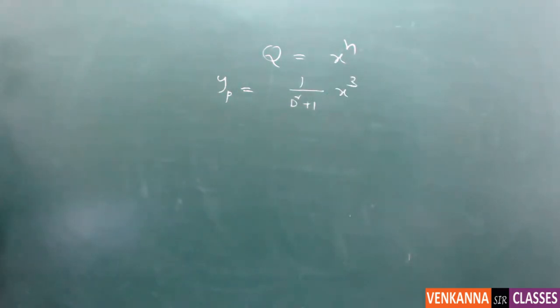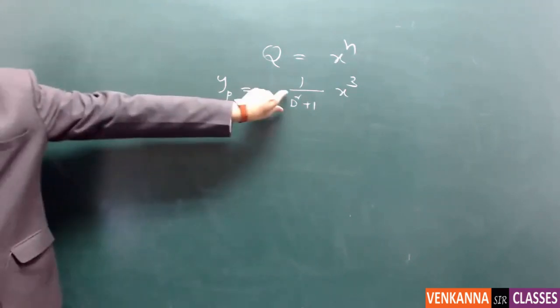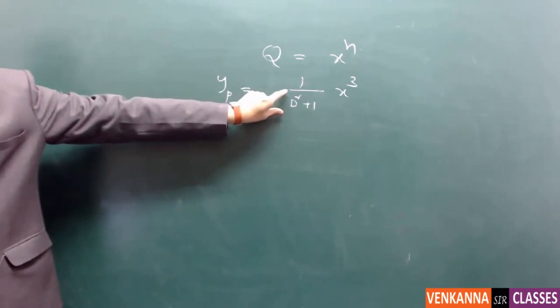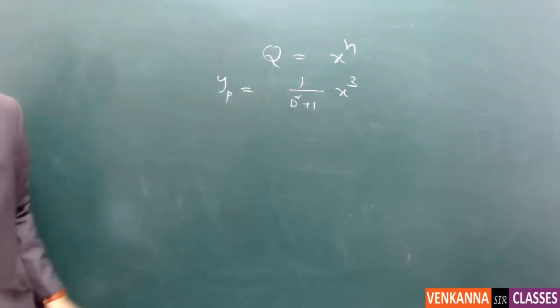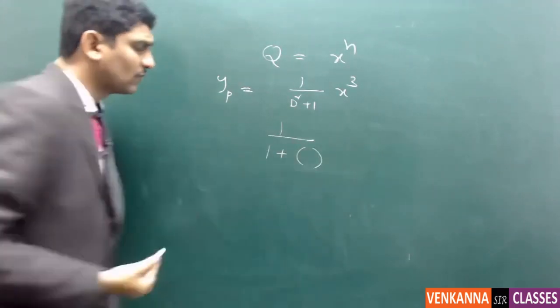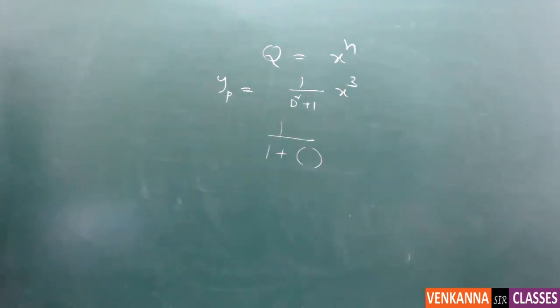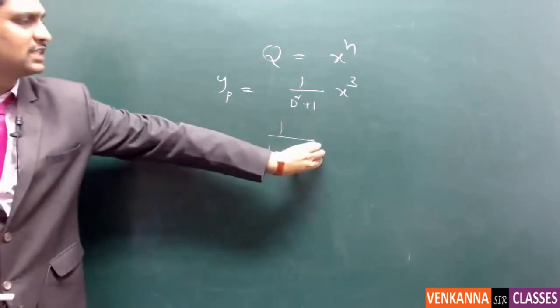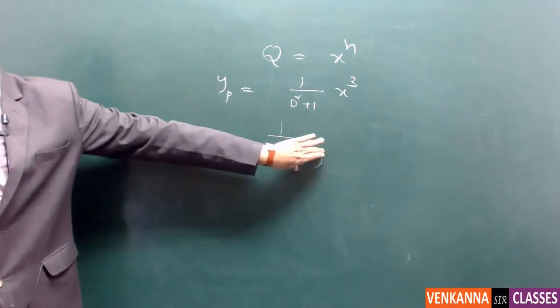Take 1 by d square plus 1 of x cube. Now, always we write the denominator in the form of 1 plus something. Now this something part will be taken as x.